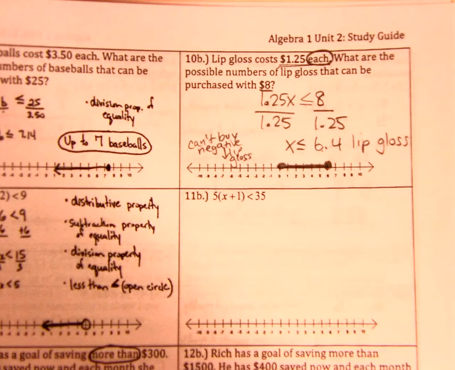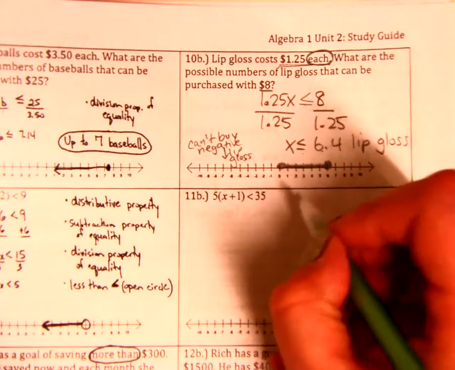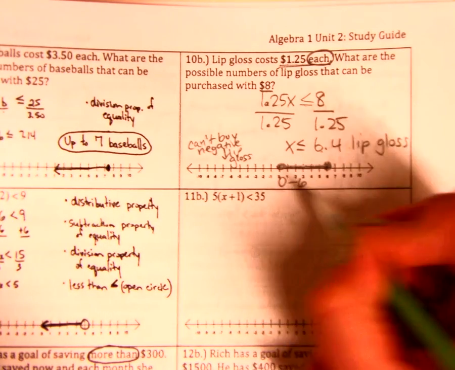Is it glosses or gloss? I don't know. That's why I teach math, guys. All right, so the possible numbers of lip gloss that can be purchased would be 0 through 6.